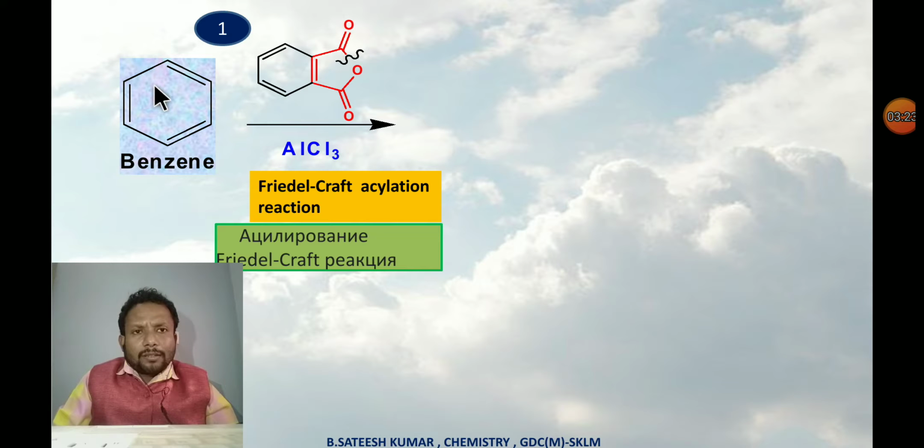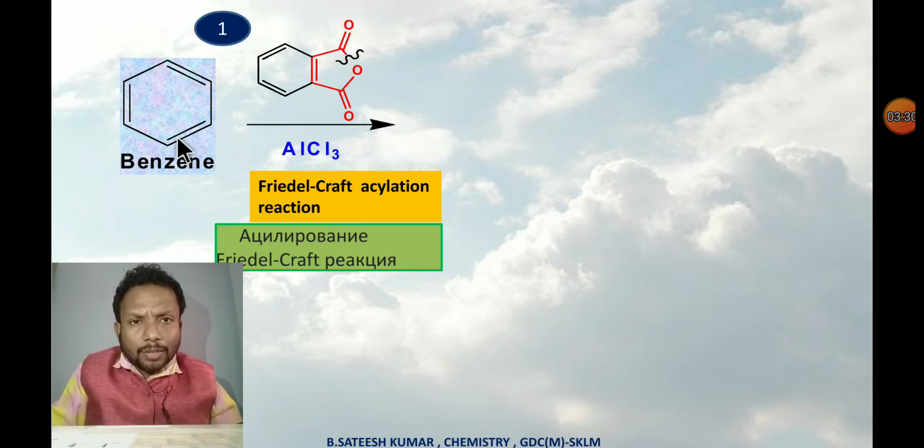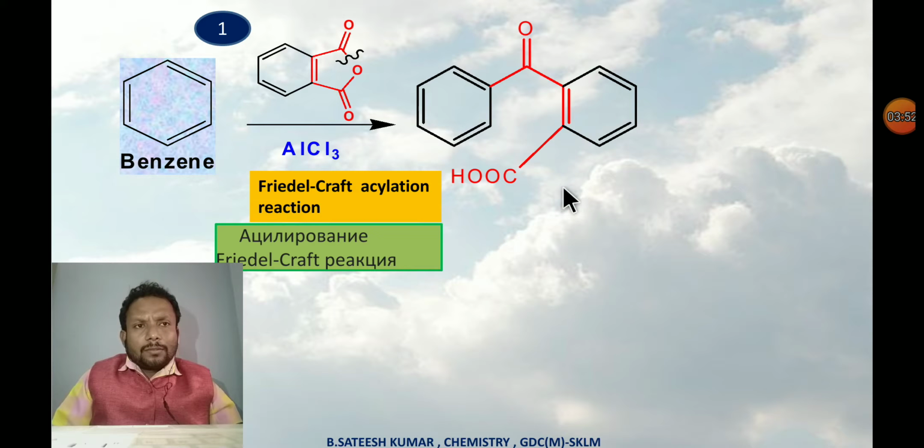It reacts with benzene. Generally, you know, benzene is involved in electrophilic substitution reactions. In the place of hydrogen, the electrophile occupies, and substitution takes place. The hydrogen goes onto oxygen. We will get one keto acid compound.